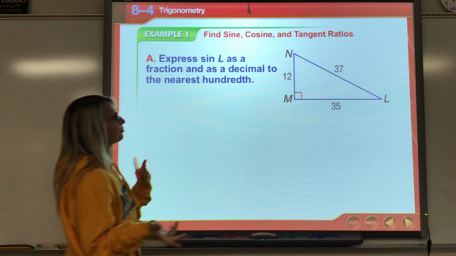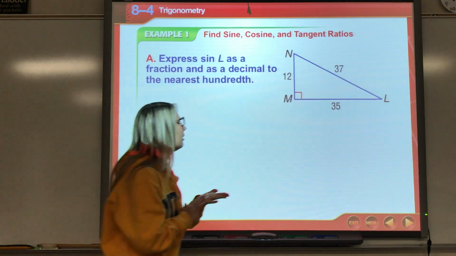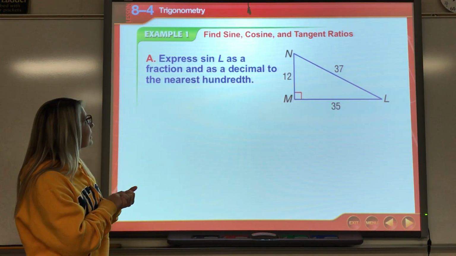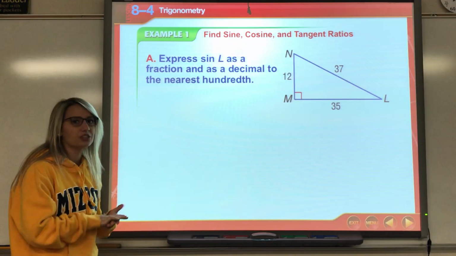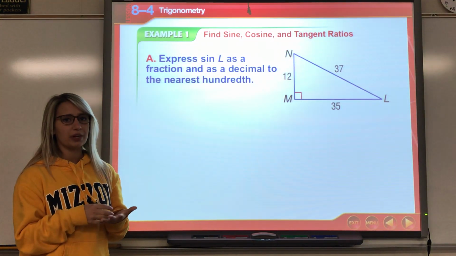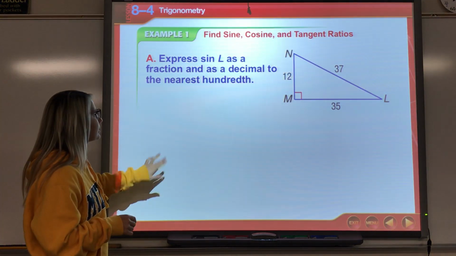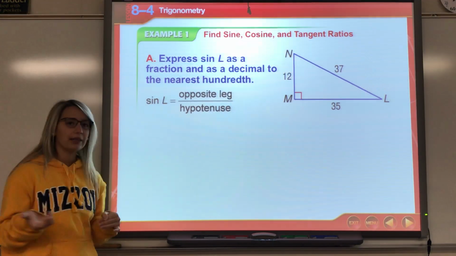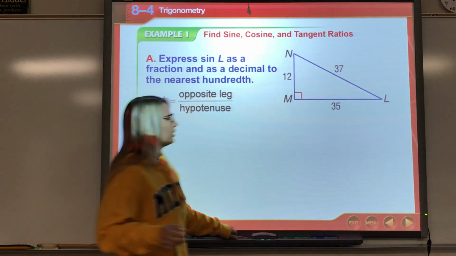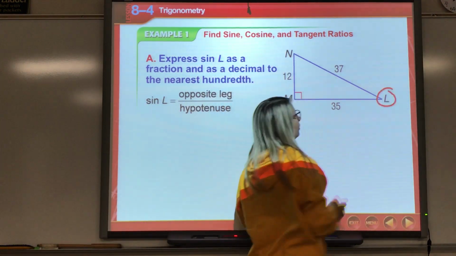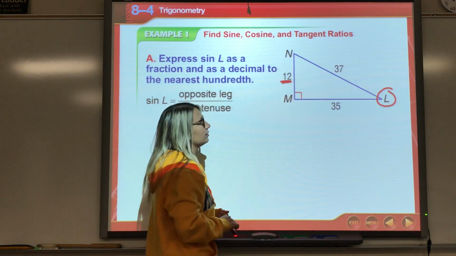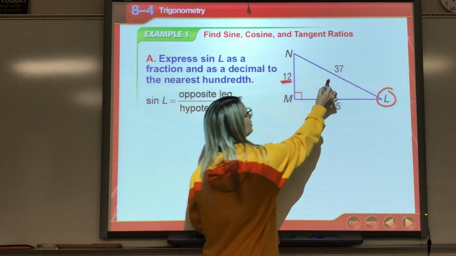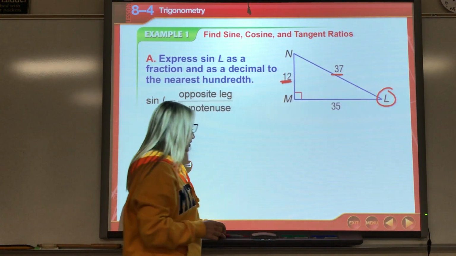We're given a right triangle over here, LMN. We have to express sine L as a fraction and as a decimal to the nearest hundredth. So we have to pull from those ratios that we were talking about. The sine of L would be the opposite leg over the hypotenuse. Here, for L, its opposite leg would be this 12, and the hypotenuse we're given is 37.